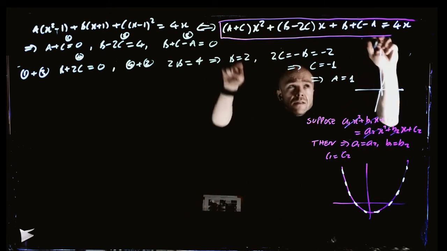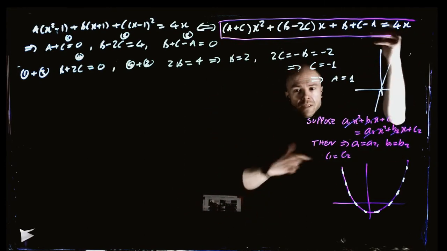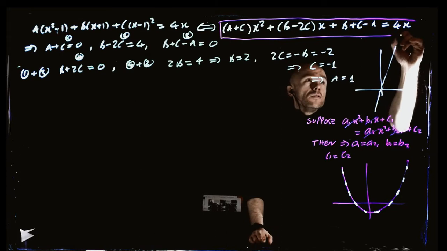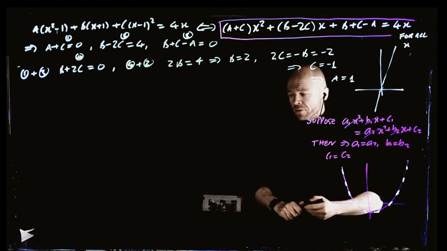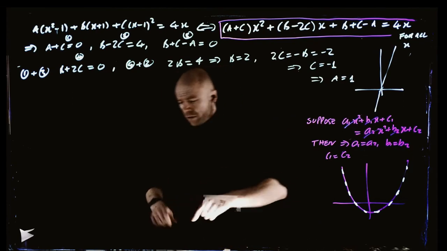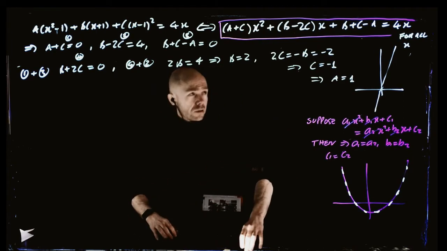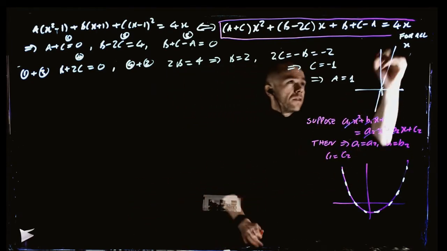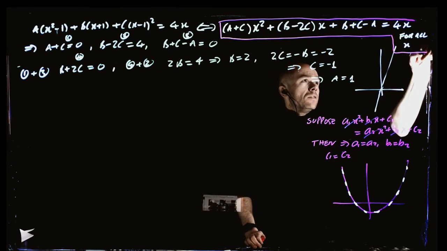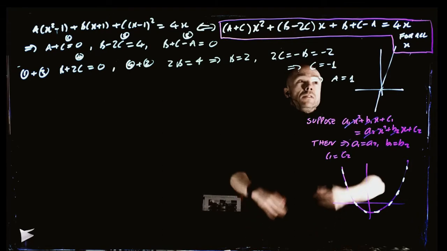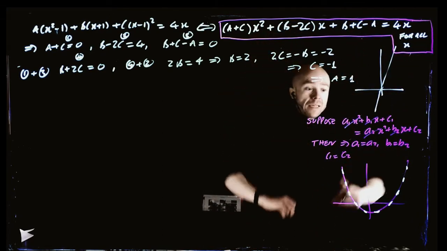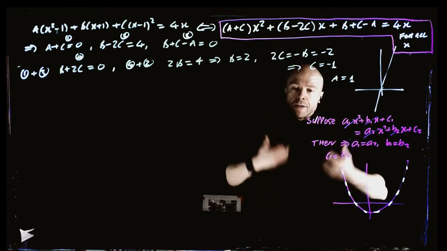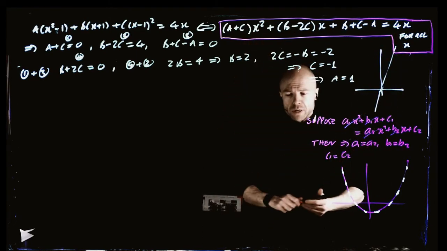Even though this looks like one equation, what it actually means is something different, because this is true for all x, or strictly speaking for all x such that the denominator is non-zero, but let's ignore that. So this fact that it's true for all x means that this is not just one equation, it actually contains three equations inside it.